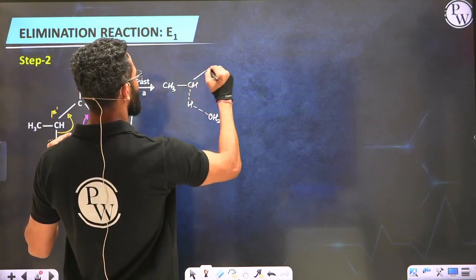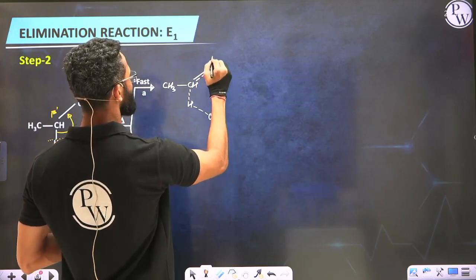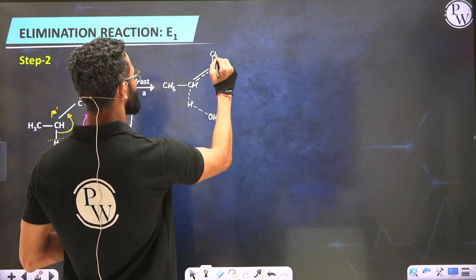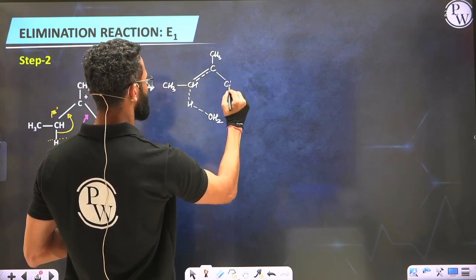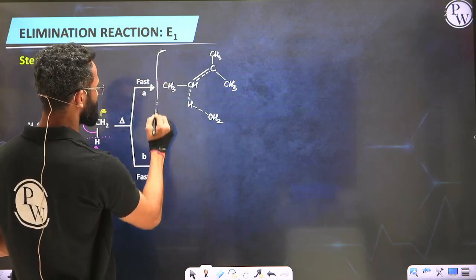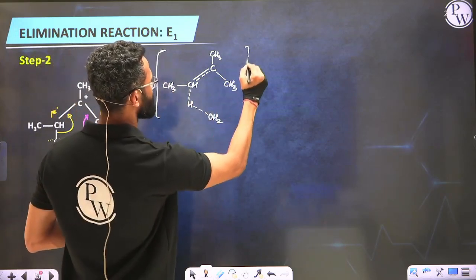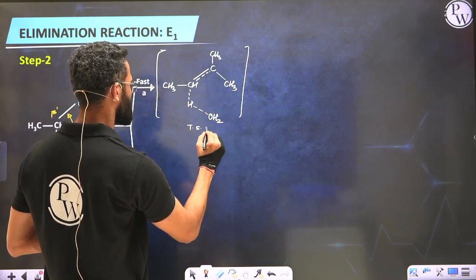Between this carbon and the cationic carbon, there is new pi bond formation, with CH3 group here, followed by CH3. So everyone, this is what we refer to as transition state 2. Let's call it TS2.